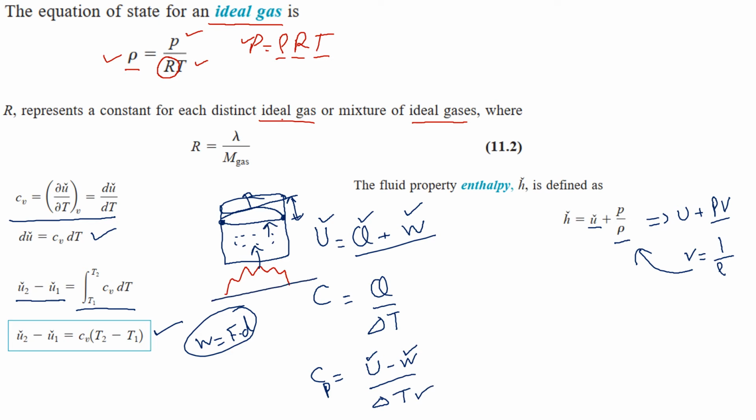So now we can write the equations like this, that Cp is equal to change in the enthalpy due to change in temperature. So you can see the subscript P, that is constant pressure, and here we saw the subscript V at constant volume, but at constant pressure work is also done. So here we can write this equation like this.